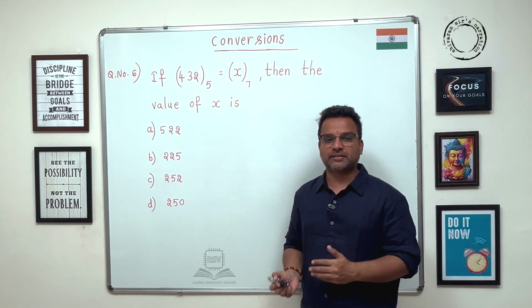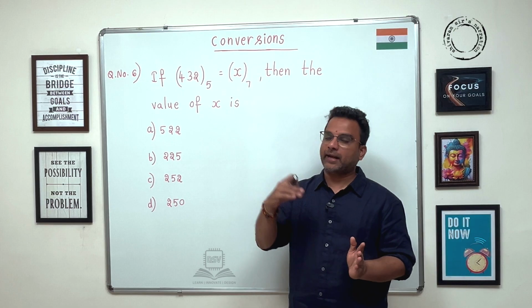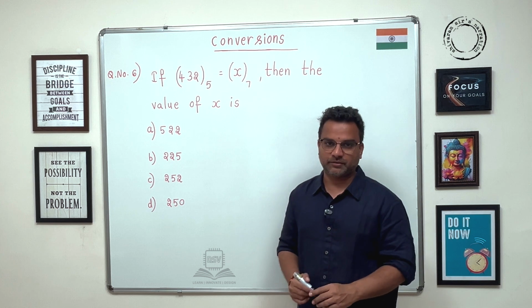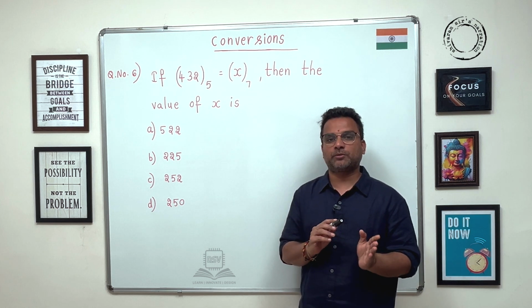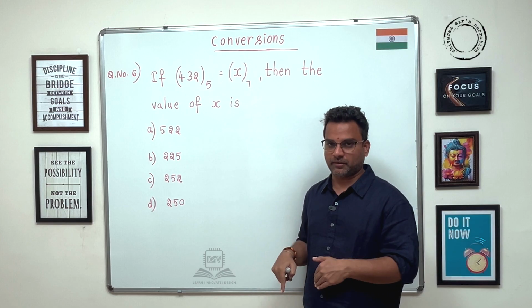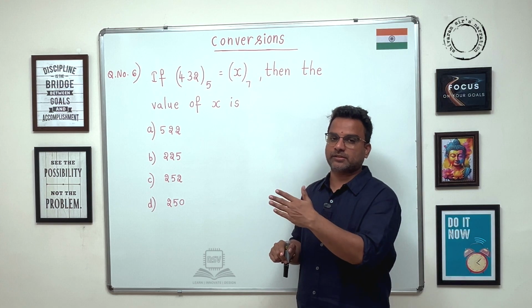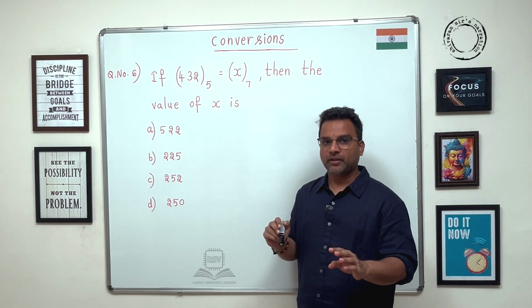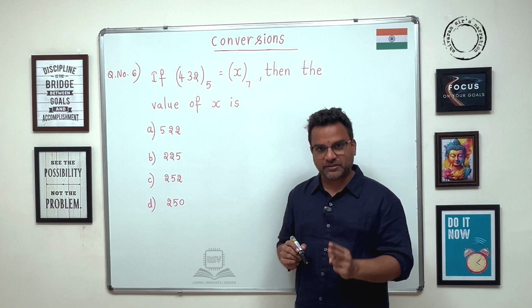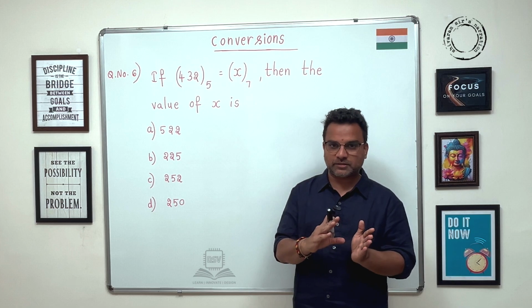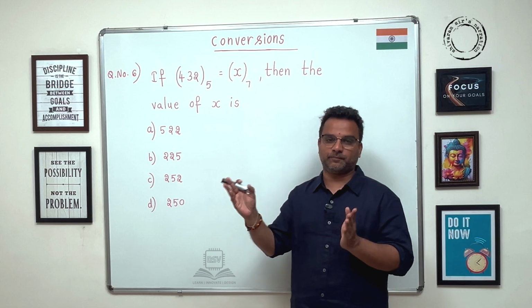For any number system to another number system, you just follow a two-step procedure. Step 1, any system to decimal, in this case base 5 to decimal. And then decimal to any system, decimal to base 7. If you remember the two-step procedure, you can go from one number system to another number system.